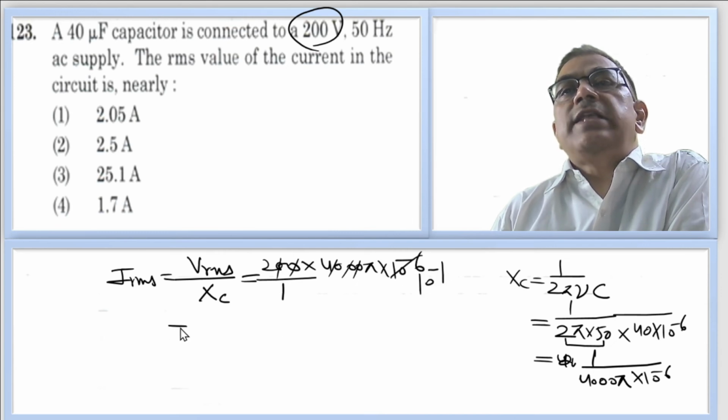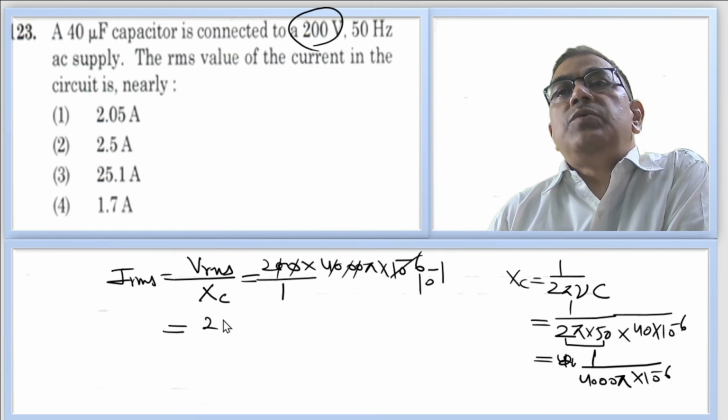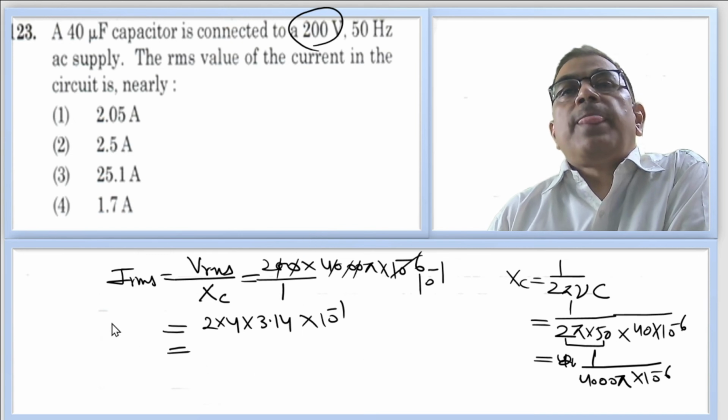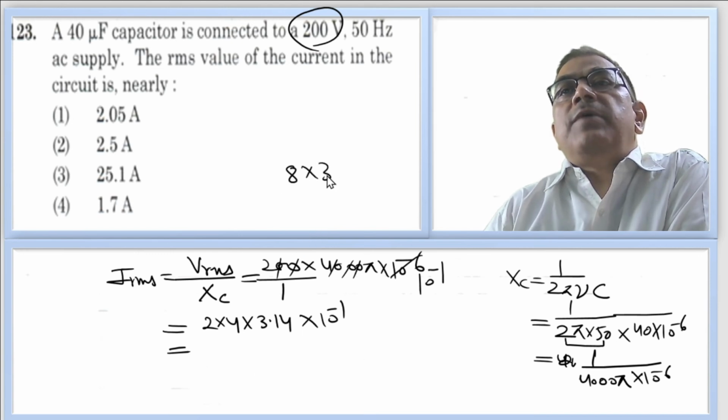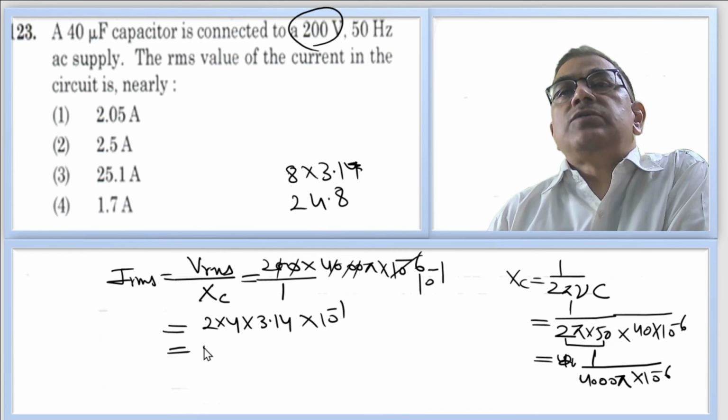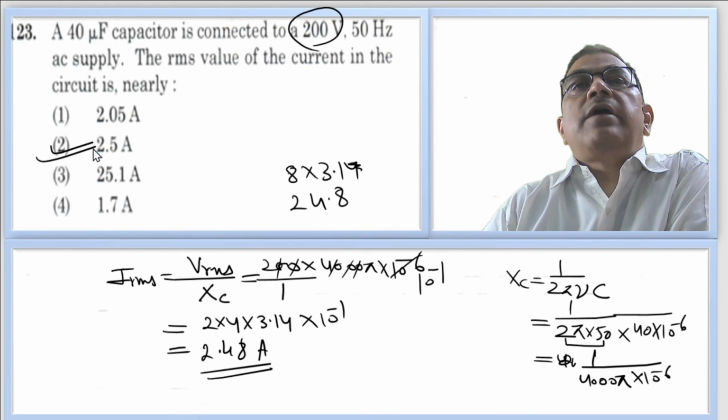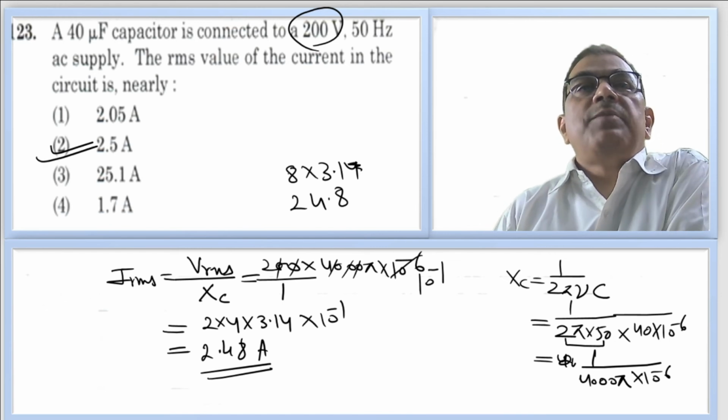So what else is left? We are left with 2 times 4 times 3.14 times 10 to the power minus 1. So this is 8 multiplied by 3.14. Let's make it only 3.1. So this is 8 and this is 24. So this is 2.48 amperes. So the correct answer should be 2.5 amperes.